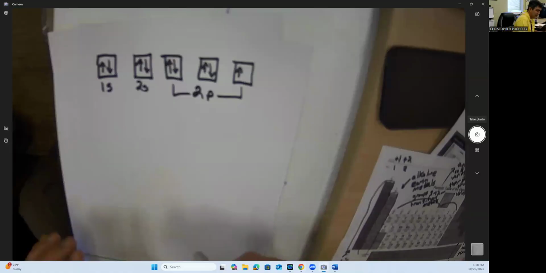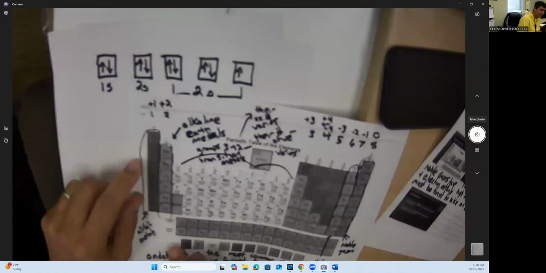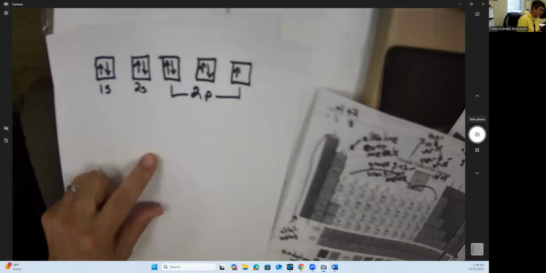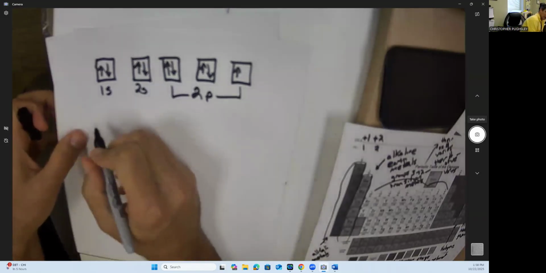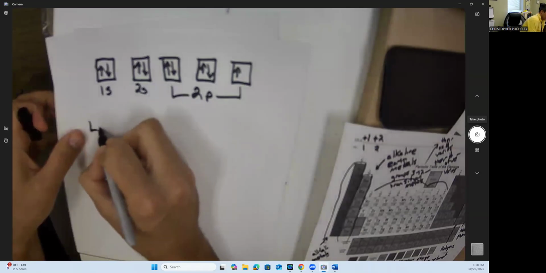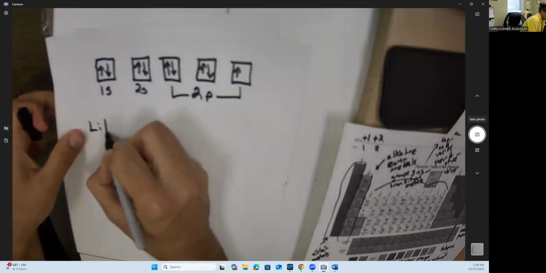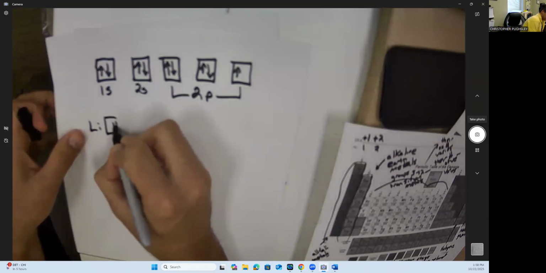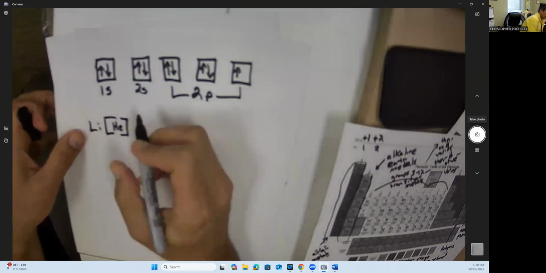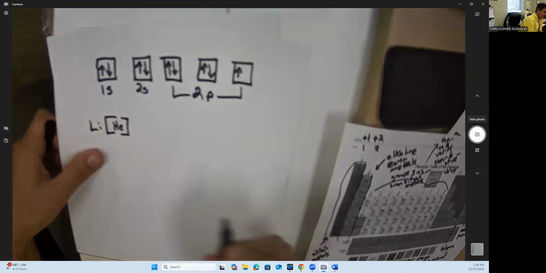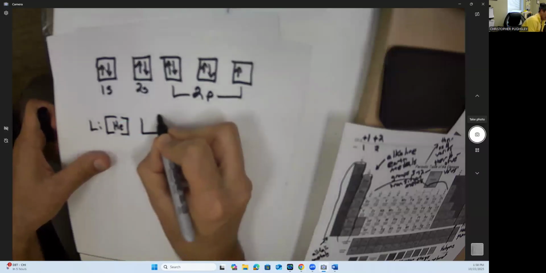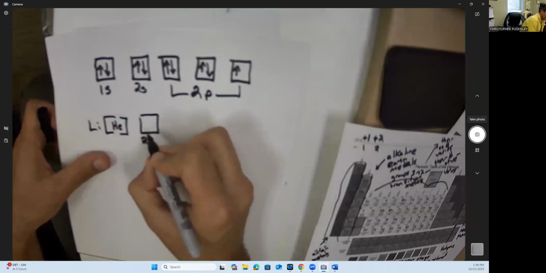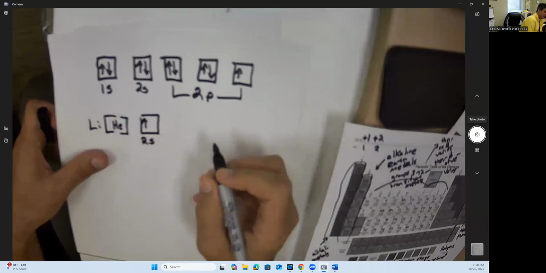So for lithium, if we remember, lithium has 3 electrons, so we could draw He. Here is the orbital diagram. It's 2s, and it's got 1 electron in it.